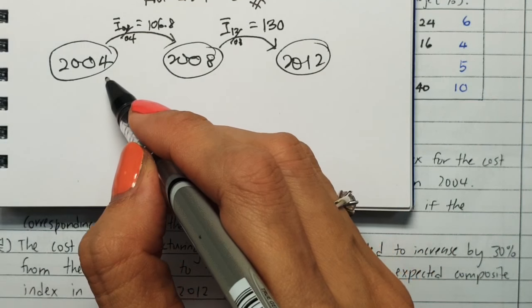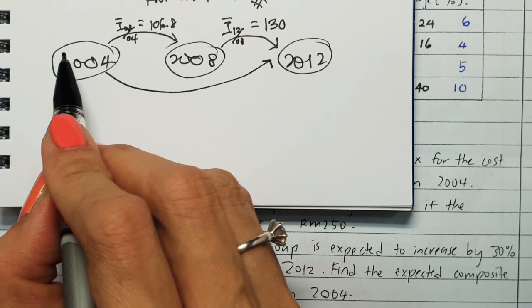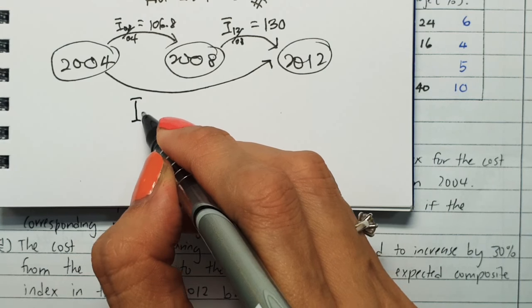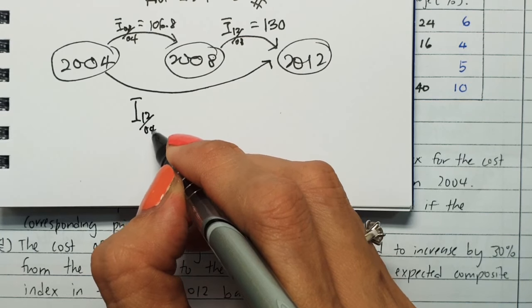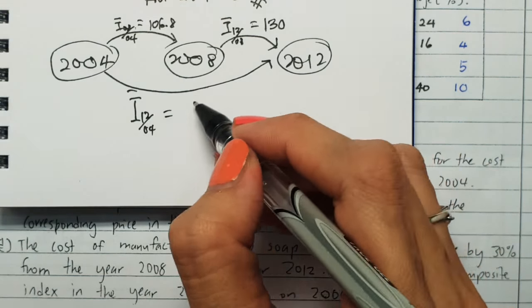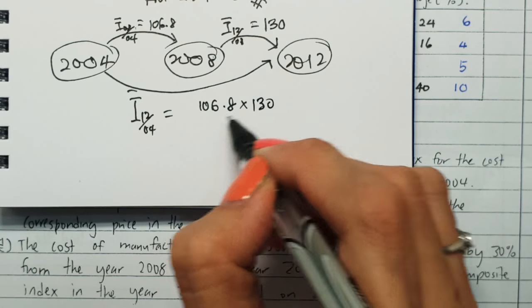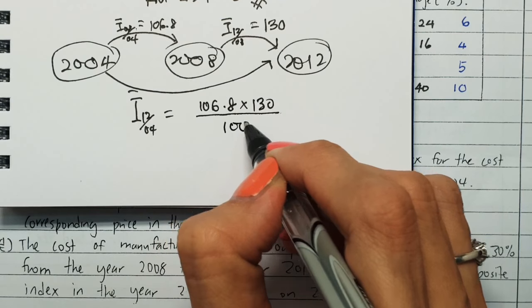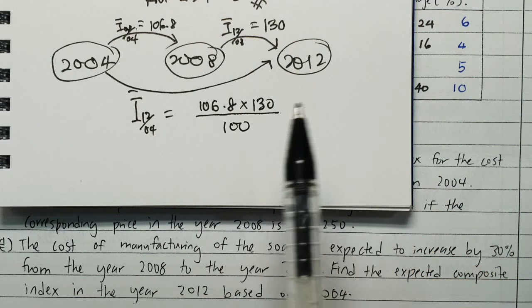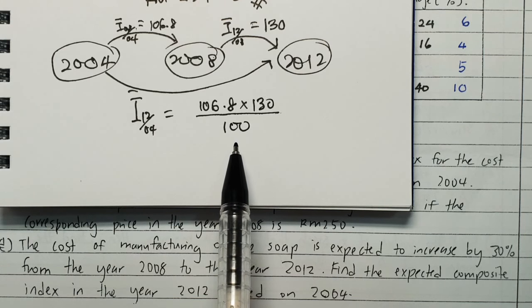And what do we want? We want to compare 2012 to 2004. Therefore, the formula would be this times this over 100. So just take 106.8 times 130 divided by 100. Why? Because now we make 2004 our base year, 100%.